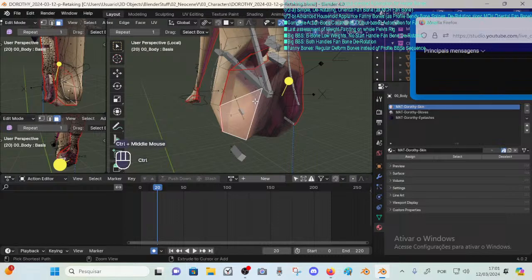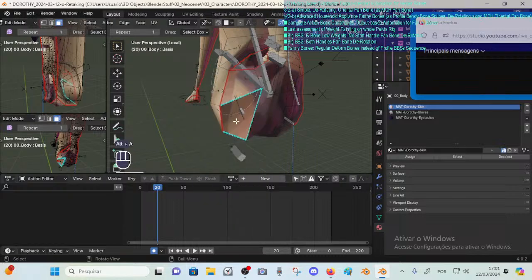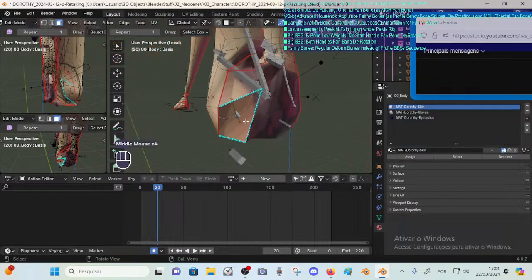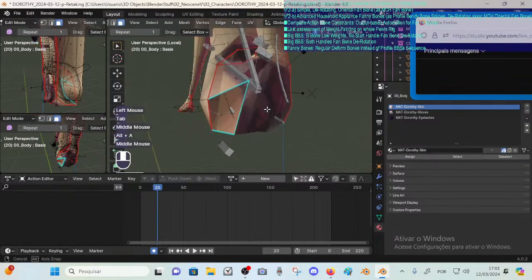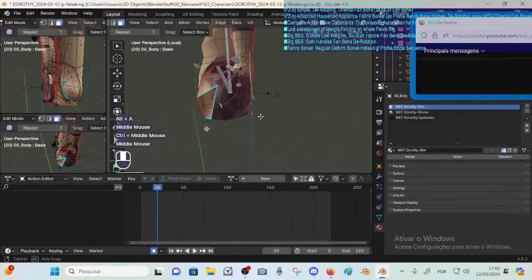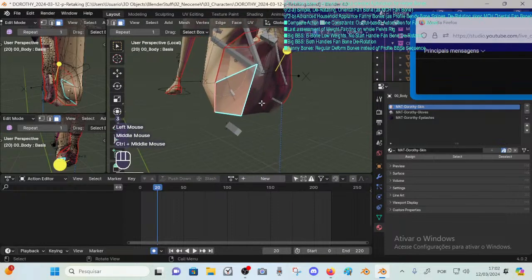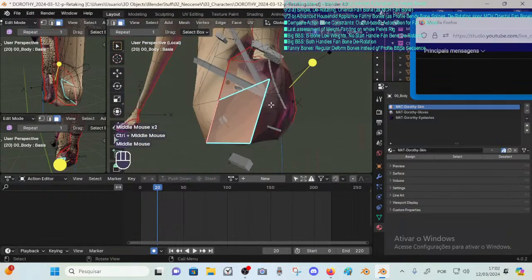Maybe I can mark it sharp. Yeah, it's bad for the visualization, but at least I know what I need to change there after I take this off. So here, of course, I will need to change the mesh topology.